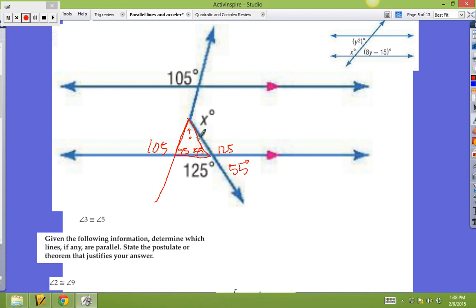So if you punch in 180, minus 75, enter, minus 55, enter, that's going to give you 50. So this much has got to be 50. And 50 and x are supplementary, they're a linear pair. So if this is 50, x has to be 130, because they add and give you 180.